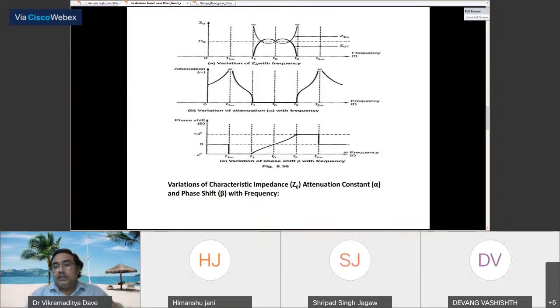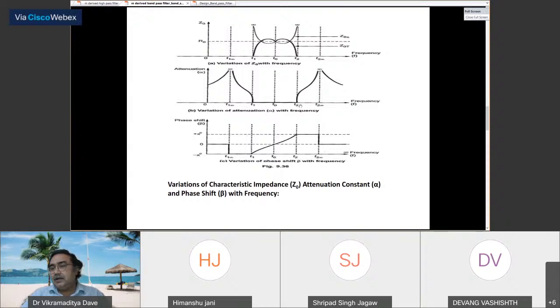So this is the variation of the characteristic impedance, the attenuation, and the phase shift with respect to frequency. You can see that this is the resonance frequency, f1 is the cutoff frequency, and f2 is the cutoff frequency. We are getting approximately infinite attenuation in the stop band.